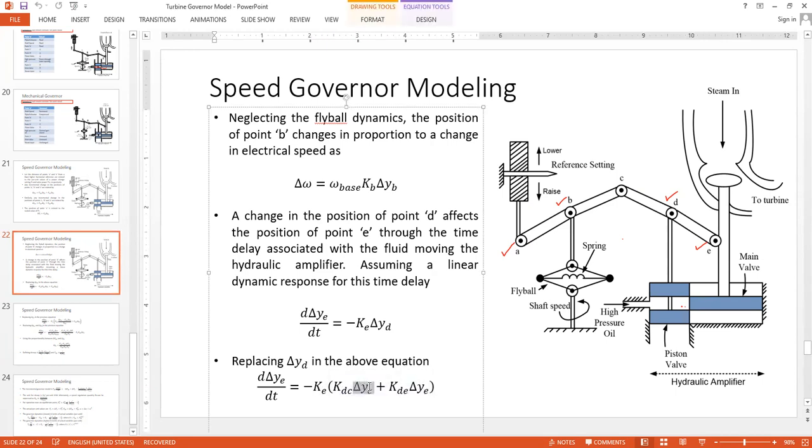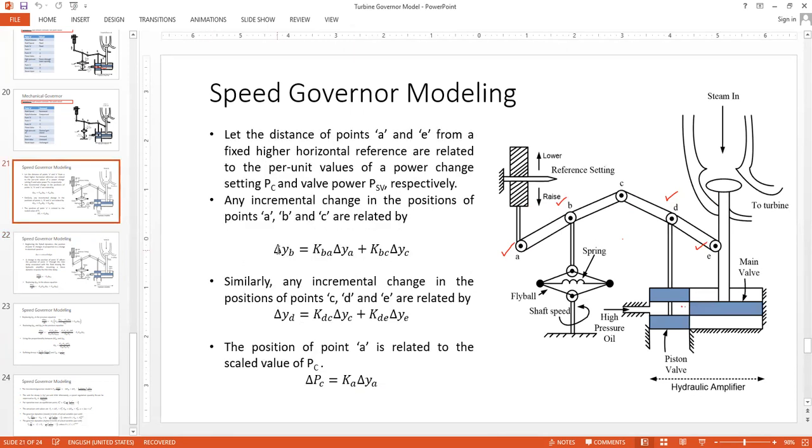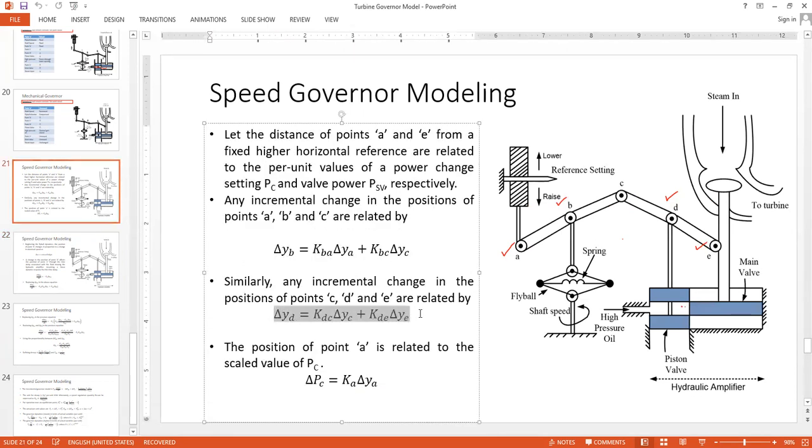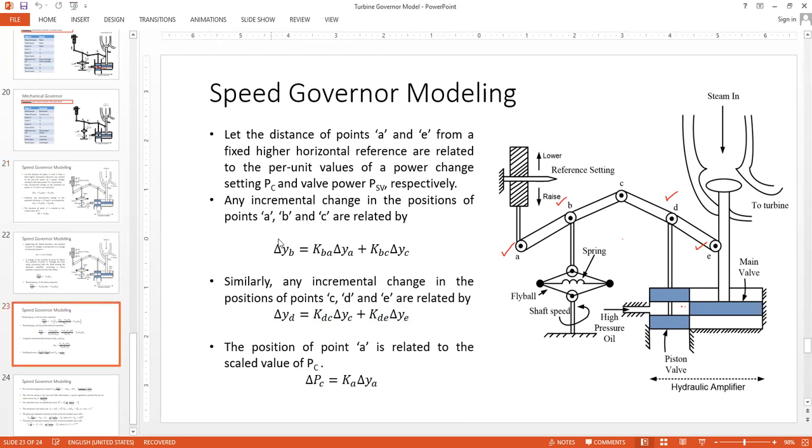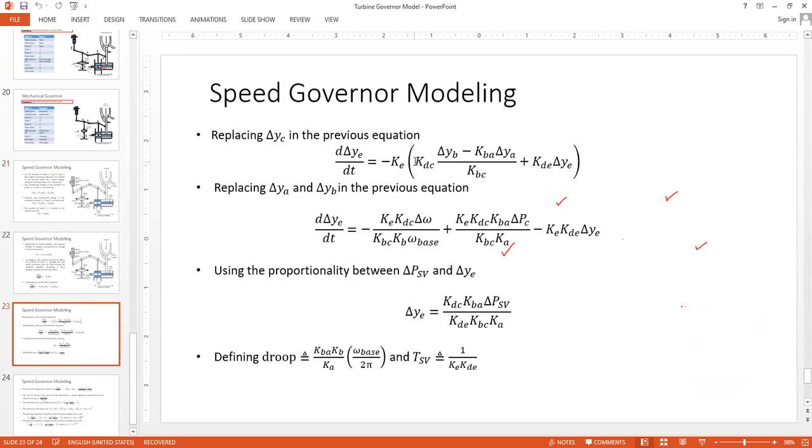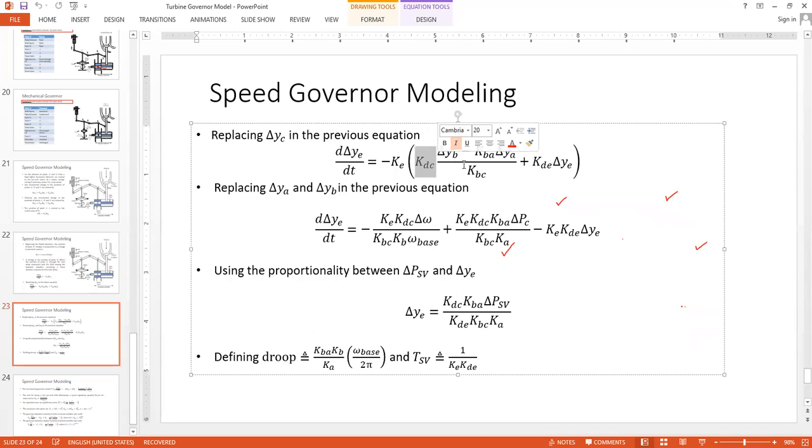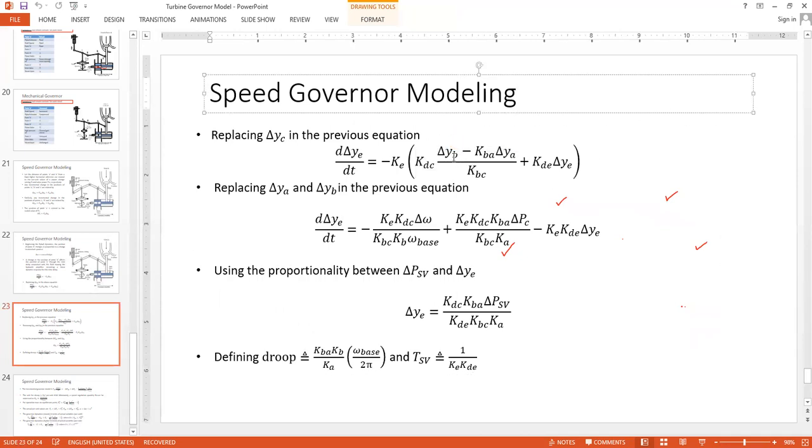We are interested in replacing this del yc with the help of the first equation, so we won't see any del yc. Instead, we will see del yb minus kba del ya, divided by kbc, multiplied by kdc, and kde del ye.